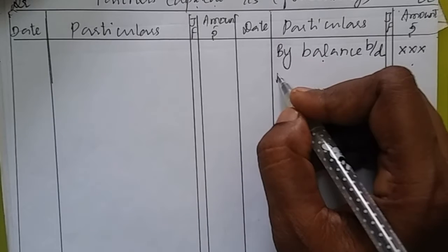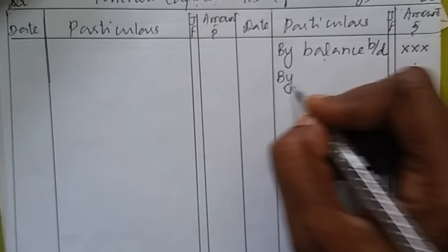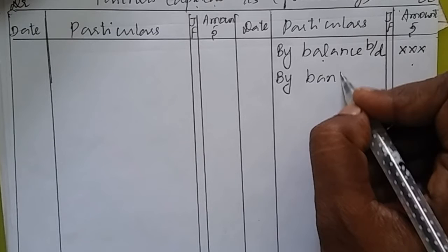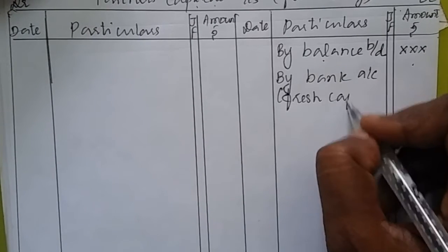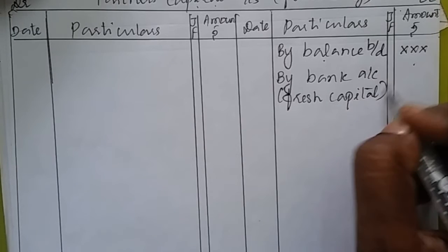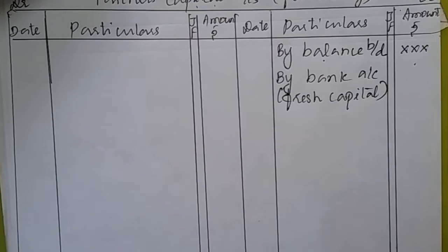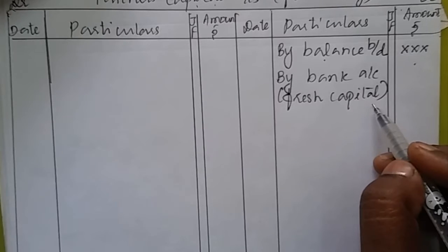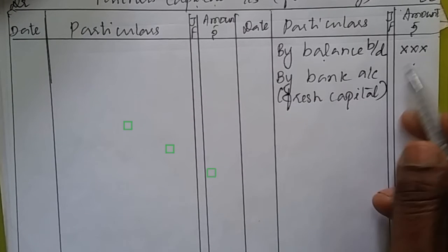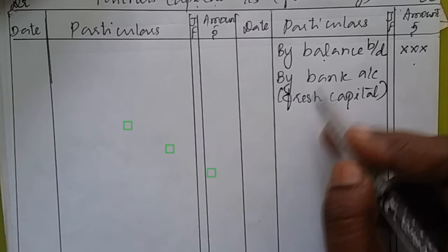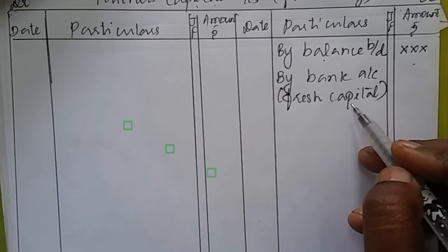Next to this, by bank account. This by bank account is nothing but fresh capital, that is, additional capital. Additional capital introduced by the partners should be credited because additional capital is also a credit value.